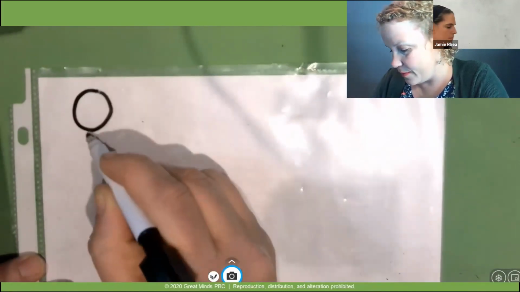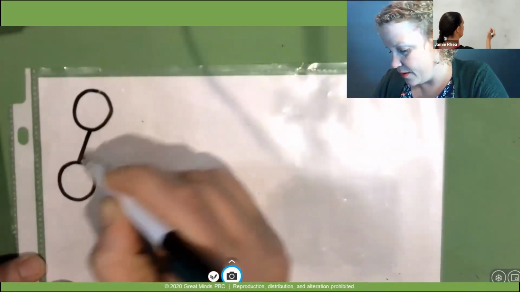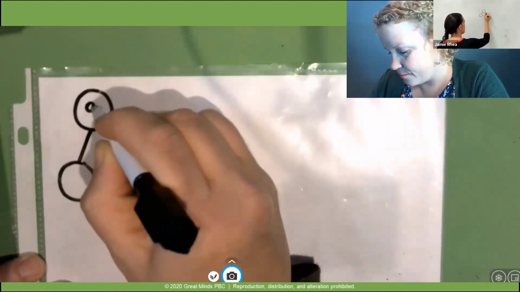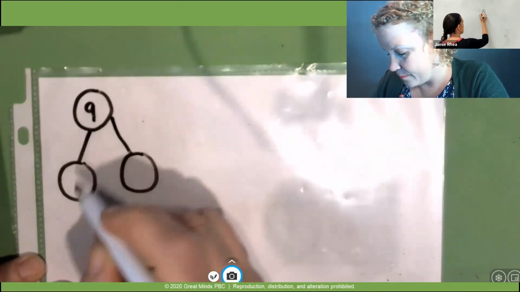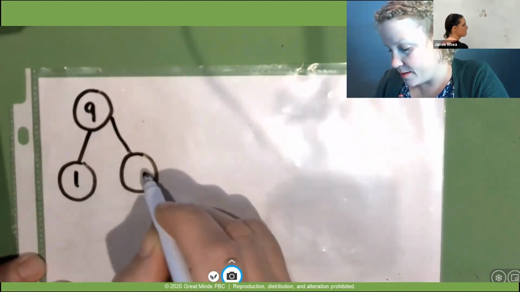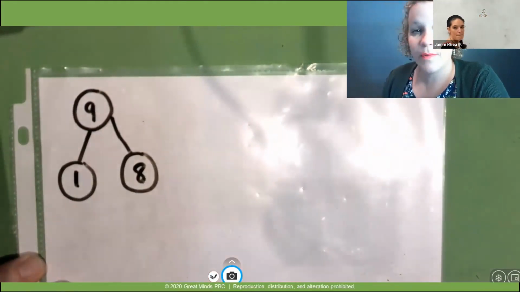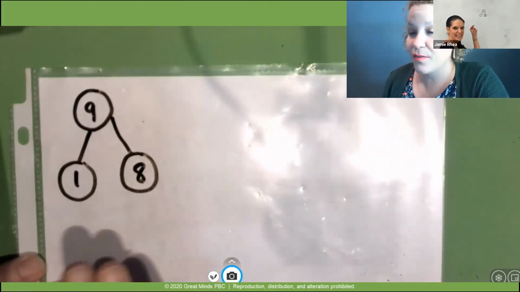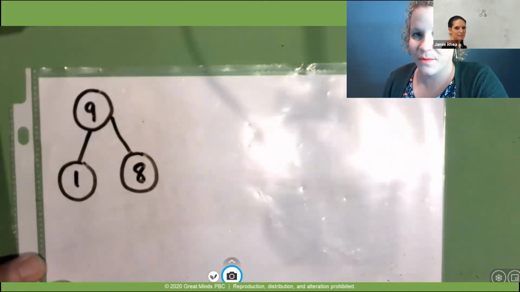So let's make the number bonds with 9 as our total. And we have one part that's 1 and one part that's 8. Go ahead and write that down. Make sure it's on the smaller side in the upper left-hand corner. Mine's tiny.